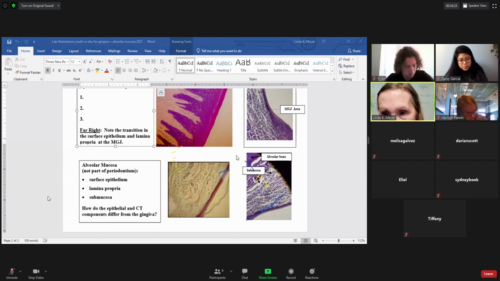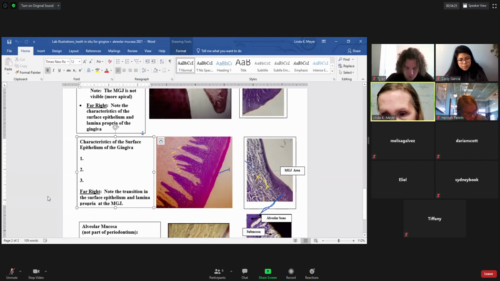And just in this picture right here, it shows you the transition when you're going from the masticatory. You're going from the masticatory and then look how that starts getting thinner, rete pegs disappear. And then up here, this is your epithelium of the alveolar mucosa, just like shown in the lower picture.